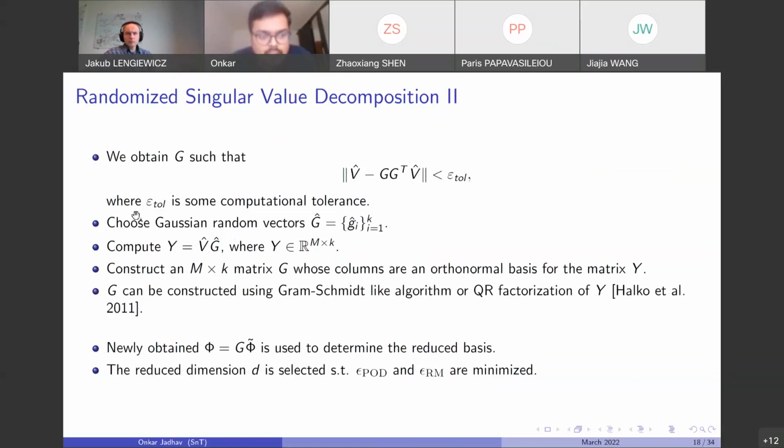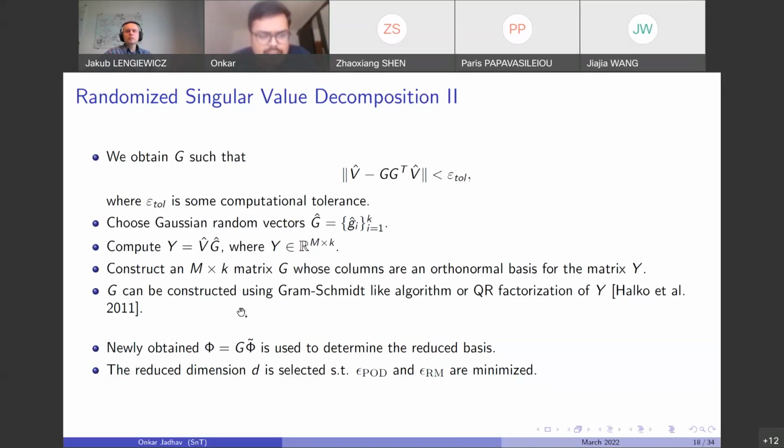And this is done as follows. First, we choose some k Gaussian random vectors and compute a matrix Y as V cap times G cap. Now, the orthonormal basis for this matrix Y is nothing but our desired matrix G. And this works because it is quite well proven that these k Gaussian random vectors are linearly independent, so the columns of the matrix Y are also linearly independent. So they span the range of our data matrix V cap, which gives us a proper orthonormal basis.